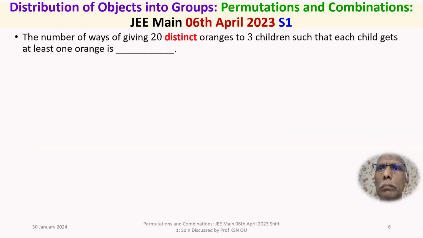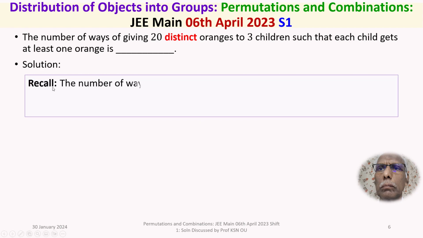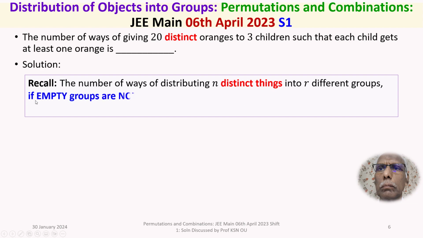We now discuss the solution of the problem in detail. We recall a result from the section Permutations and Combinations. The number of ways of distributing n distinct things into r different groups, if empty groups are not allowed, is given as follows.